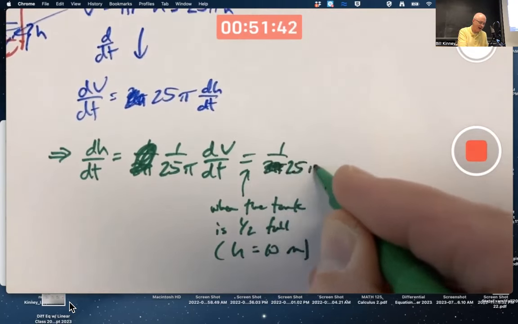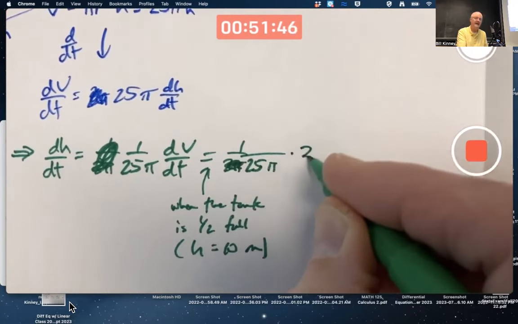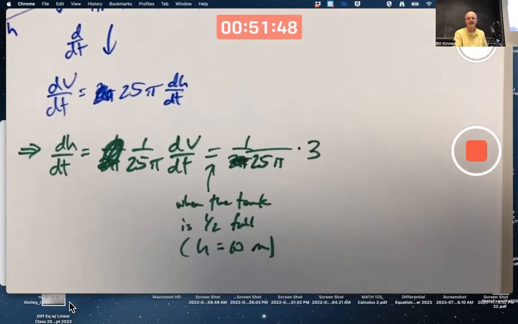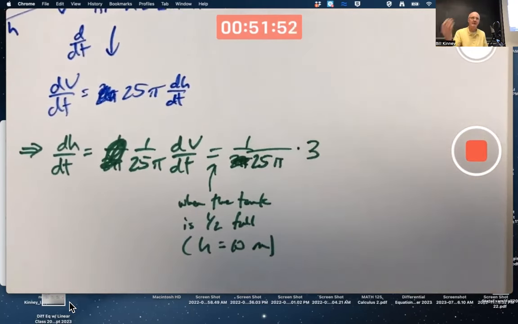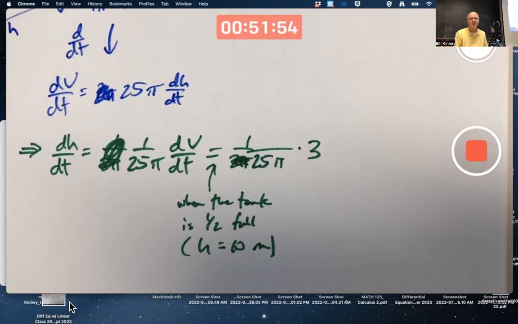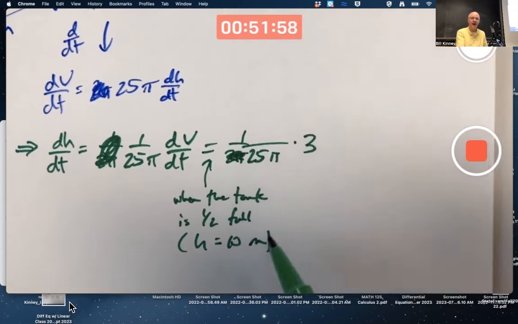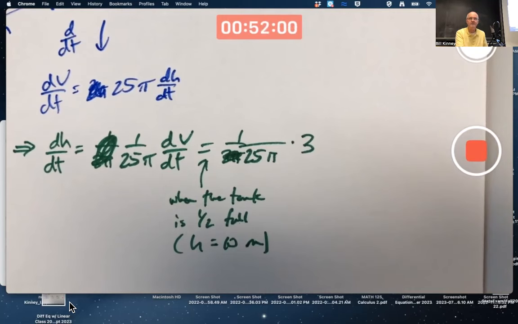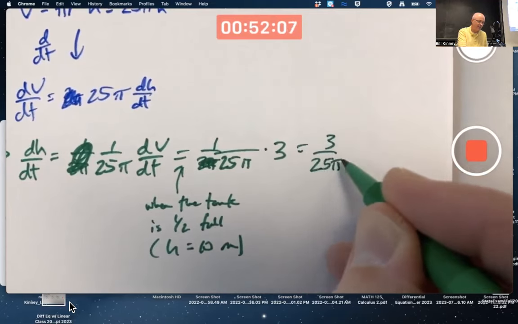I'm so used to writing 2 pi. 1 over 25 pi times 3. The H equals 10, again, is irrelevant. I mean, yeah, that is the moment in time we're talking about, when the tank's half full. But it turns out to be irrelevant. You don't have to plug it into the formula. You just plug in 3. Get 3 over 25 pi.